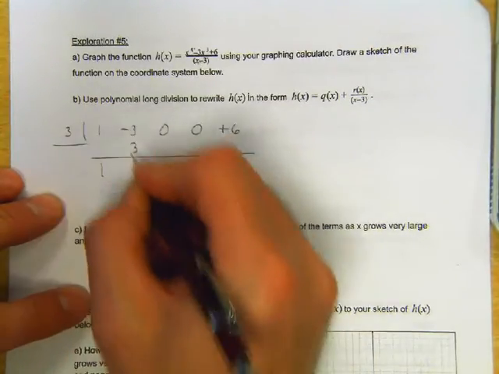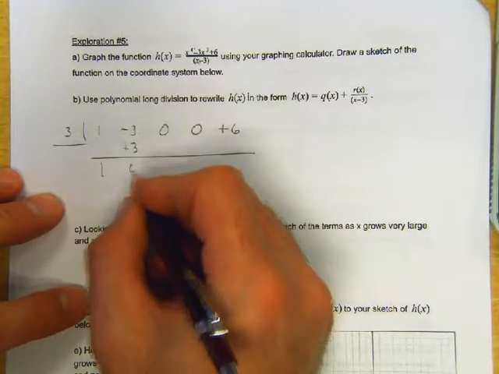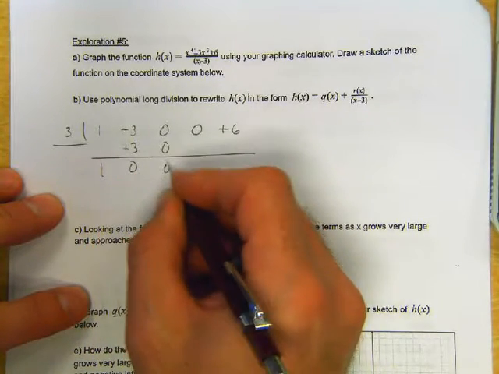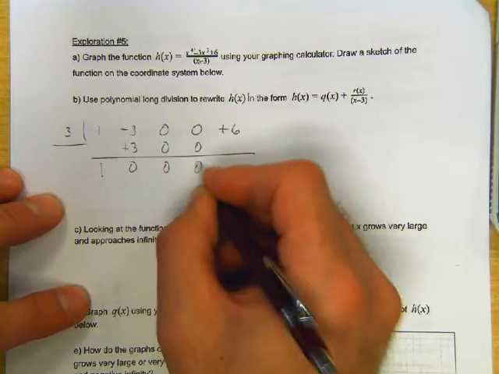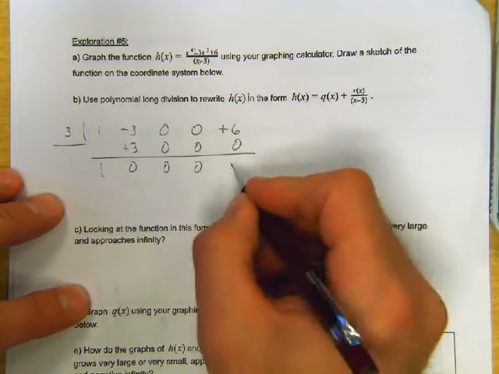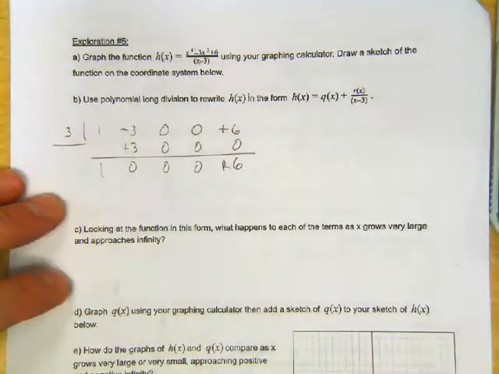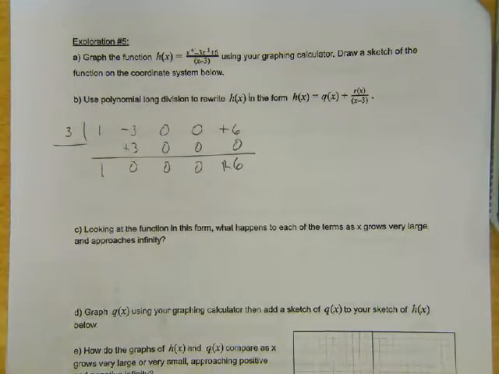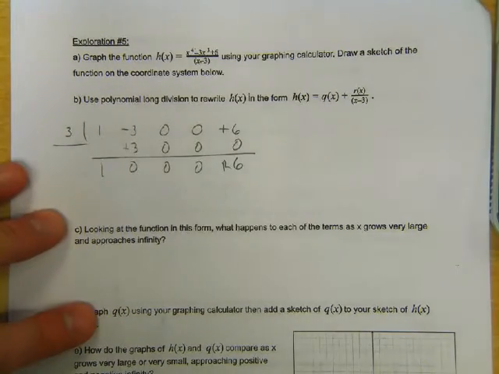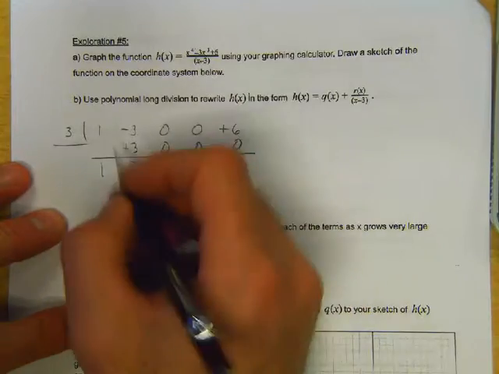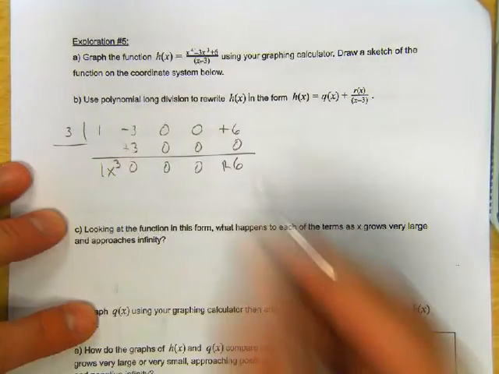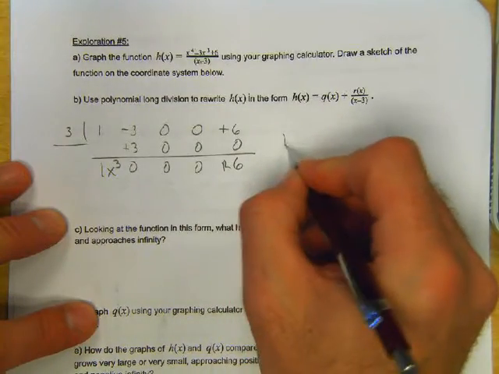All right, let's see. Drop the 1, multiply, combine, multiply, combine, multiply, combine, multiply, remainder 6. Well, that looks kind of crazy. But we started with x to the 4th, so that's just an x cubed.